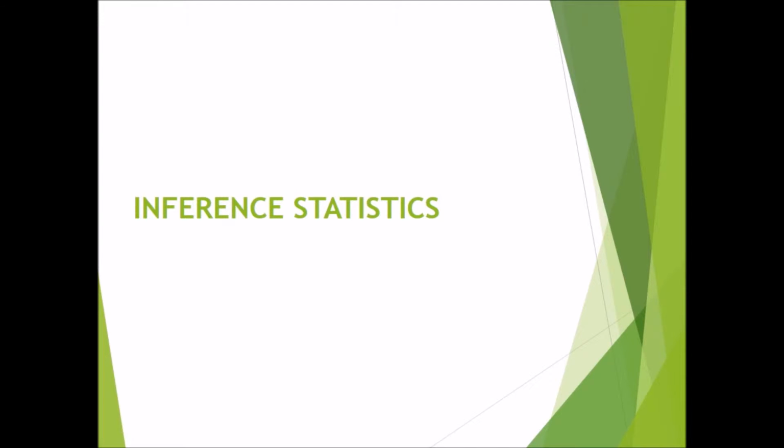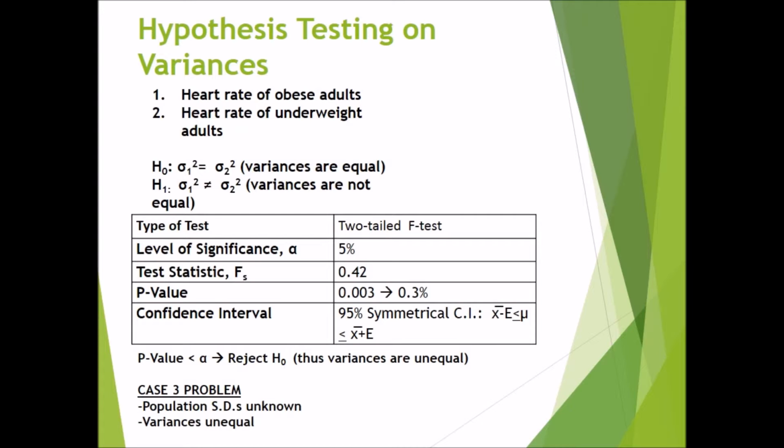Moving on to the inferential statistics. Since we are not given the variances for the data, we have to find out whether the variances are equal or unequal. So we have to do a variance test. We have formed two hypotheses. The first one, we assume that the variances are equal. And the second one, we suspect that the variances are not equal.